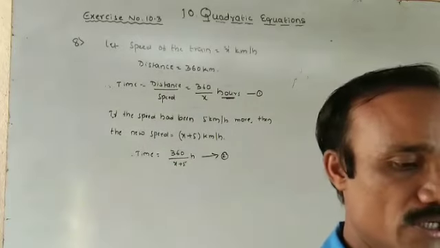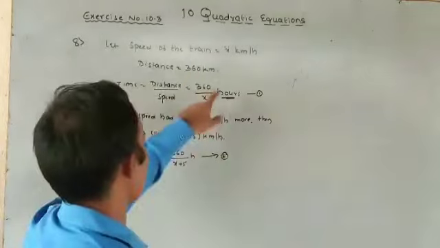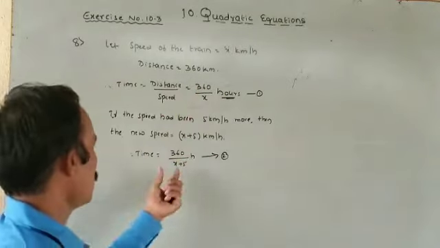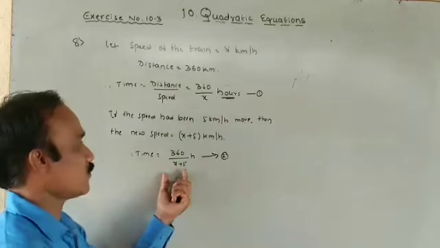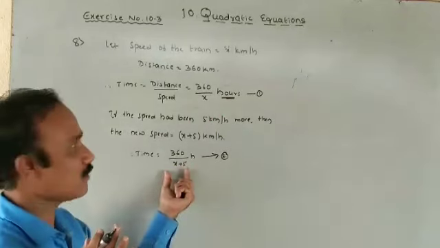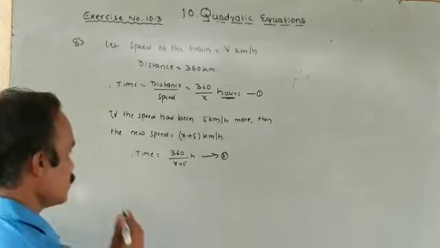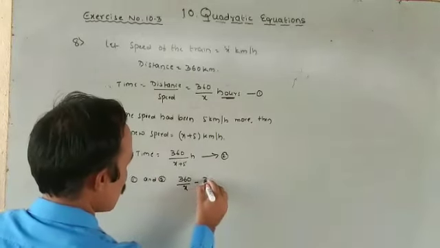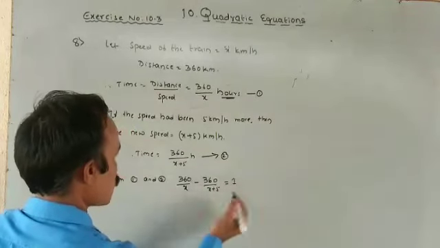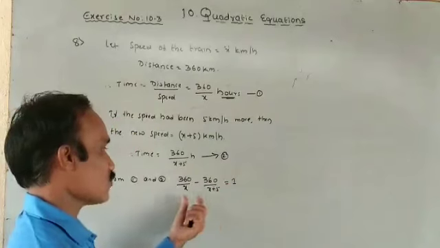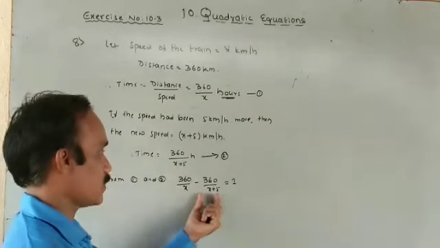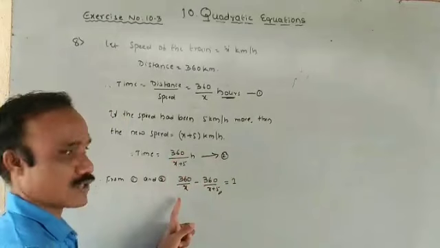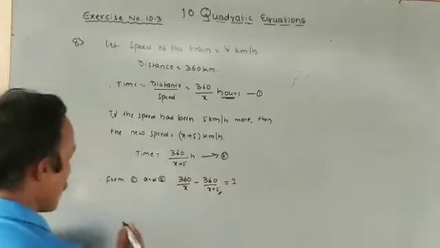So call this one as 1. Now, if the speed had been 5 kilometer per hour more, then the new speed, earlier it was x, 5 kilometer per hour more, so we should add: x plus 5 kilometer per hour.